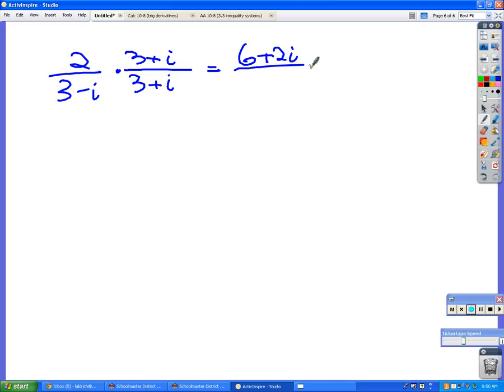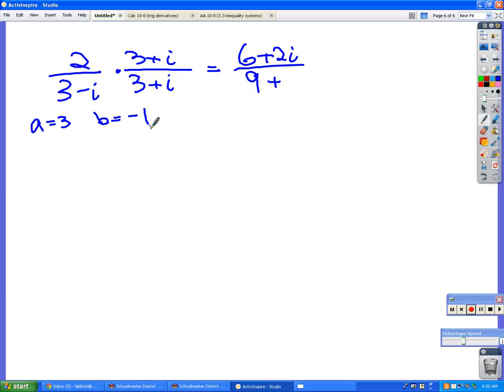Let's do it the quick way. When I go 3 minus i times 3 plus i, a is 3 in this case, so a squared is 9. Plus, what's b? The number in front of the i is what b is. It's 1 or negative 1.